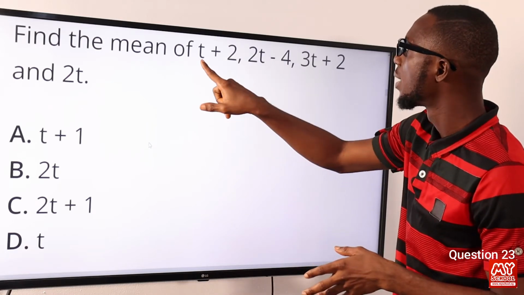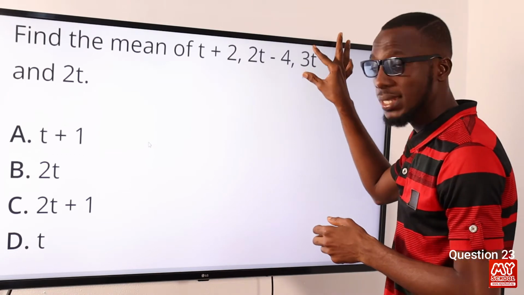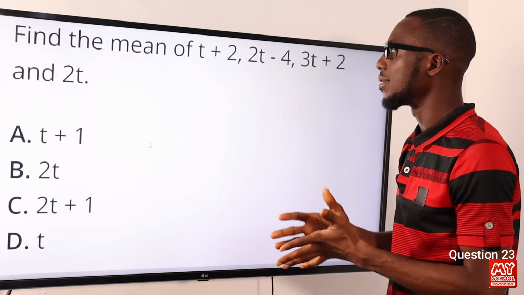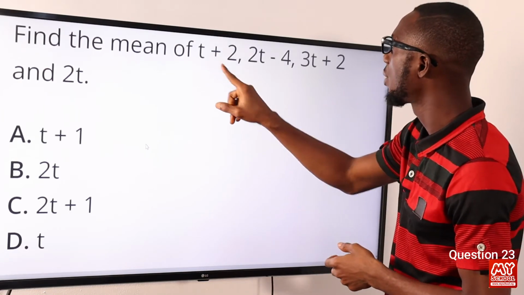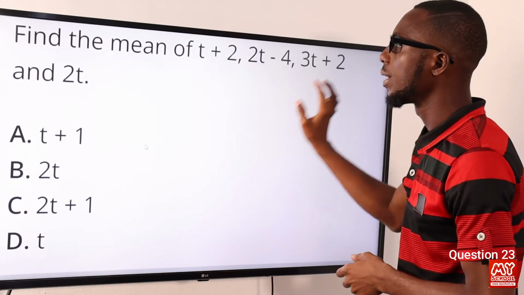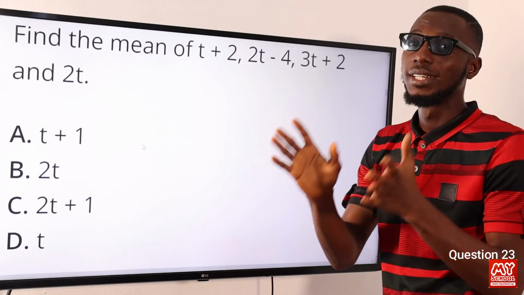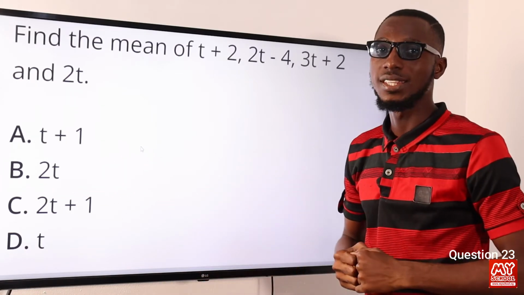Okay, so we have t plus 2t, that is 3t, plus 3t, that is 6t, plus 2t, that is 8t. So we have 8t in the numerator. So how many are there? We have 1, 2, 3, 4. Okay, so 8t divided by 4, that is 2t. So the correct option is option B, 2t.